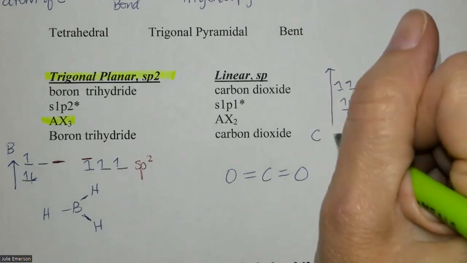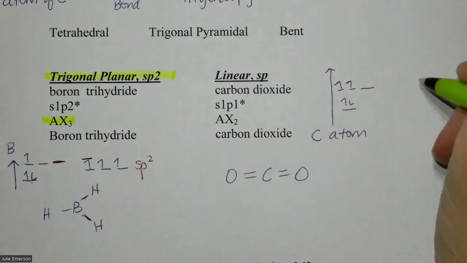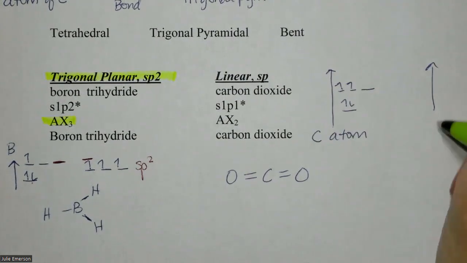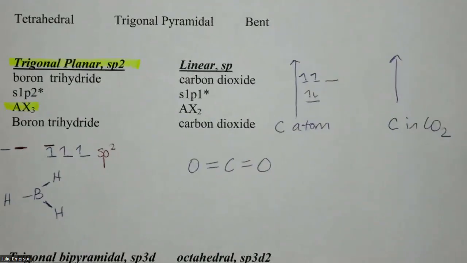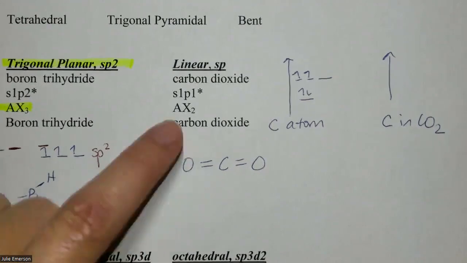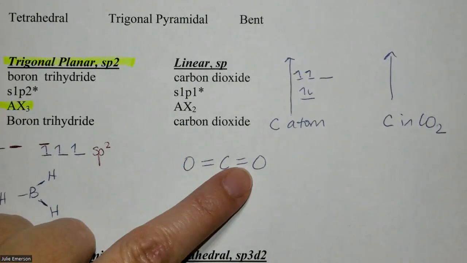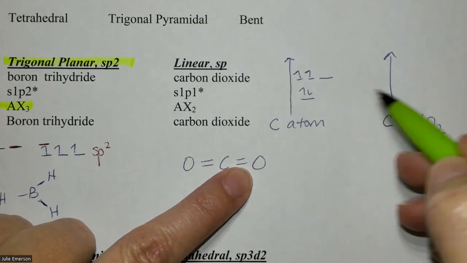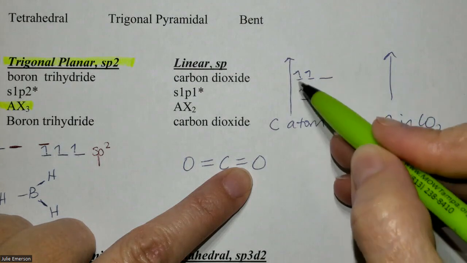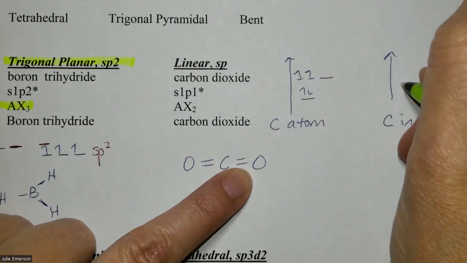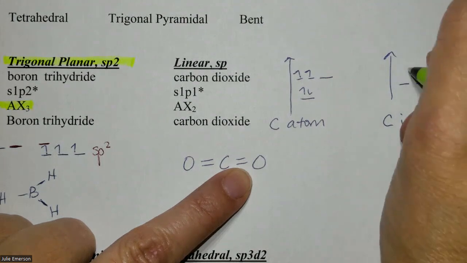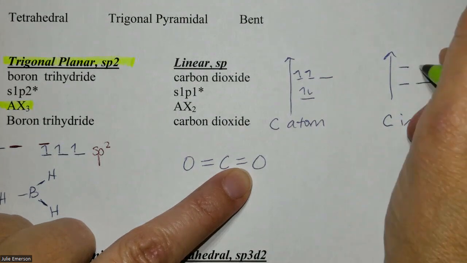Okay, so this is the carbon atom by itself. Now let's look at the carbon in the CO2. So what happens now is I need 2 bonding sites. So I'm going to take these 2, right? This one and this one. I'm going to put these at a kind of lower energy level. And then these 2 are going to stay up here.